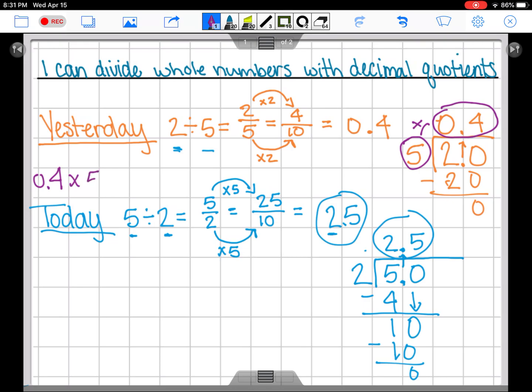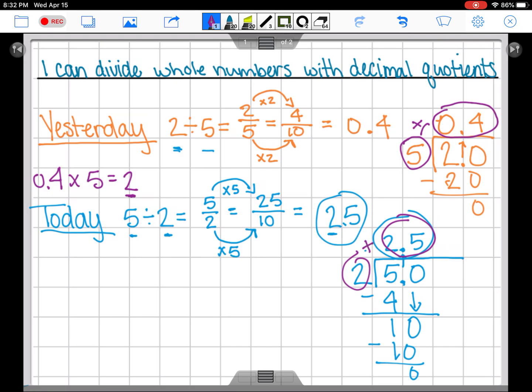It's not what our normal multiplication sentences look like, because normally our product is the largest number, but when we're using decimals that are less than 1, it's not always going to be the case.